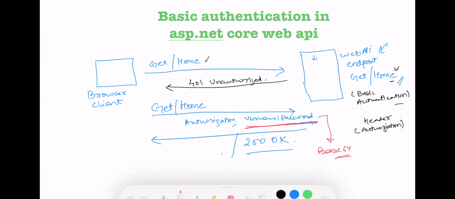One more thing is, if you are passing this over HTTP, someone can easily look at the base 64 string that you have passed, and he can actually decode that. So it is recommended that we use HTTPS whenever we are doing basic authentication work, because whenever you use HTTPS, the network itself is encrypted.